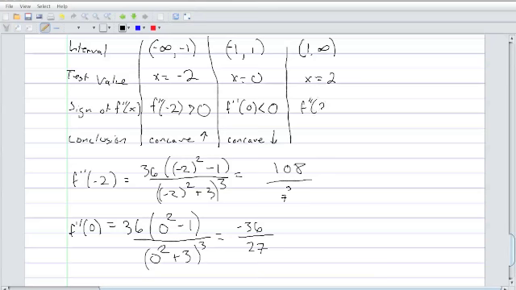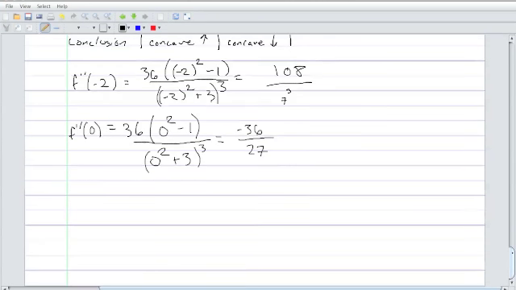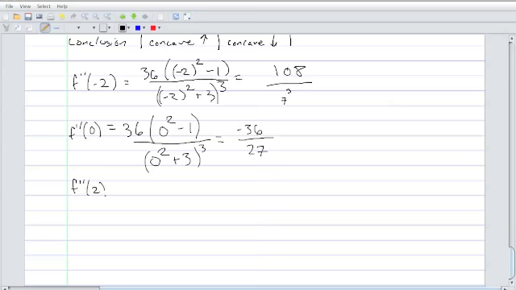So then our f double prime of 2 is going to be 36 times 2 squared minus 1 divided by 2 squared plus 3 cubed. Let me see, that's going to be 4 minus 1 is 3, 90, 108. Let's see, 4 plus 3 is 7 cubed.